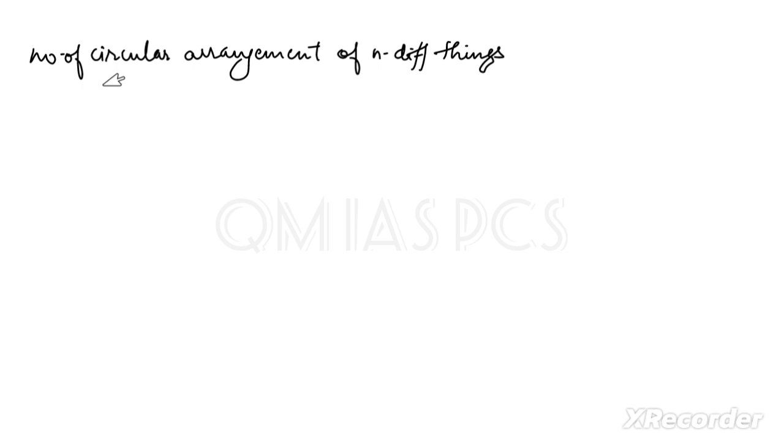Like what I am trying to say is, the number of circular arrangements of n different things, if these are identical, in that case it will be (n minus 1) factorial divided by 2. Why 2? Because when you see the clockwise direction arrangement or the anti-clockwise direction arrangement, both will be the same.